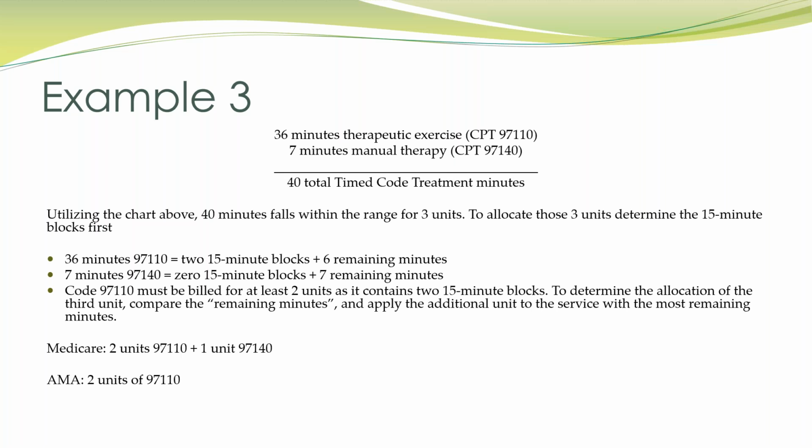Here, again, this one works out better for the total time rule, because in this case, 7 minutes of manual therapy is not enough to be a unit, but with Medicare's total time rule, you can add them up.